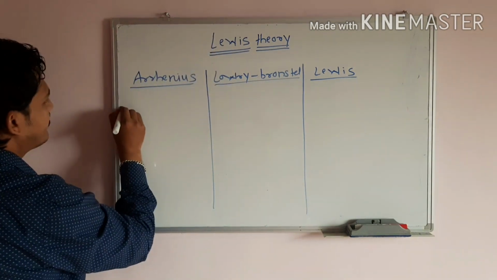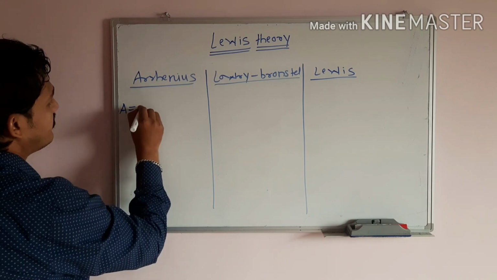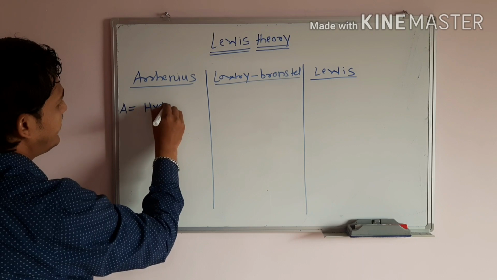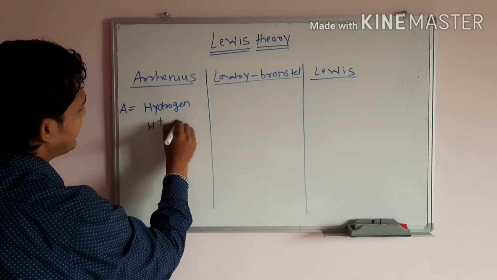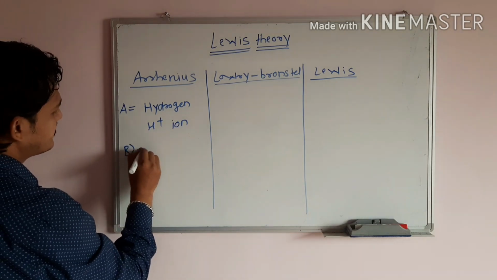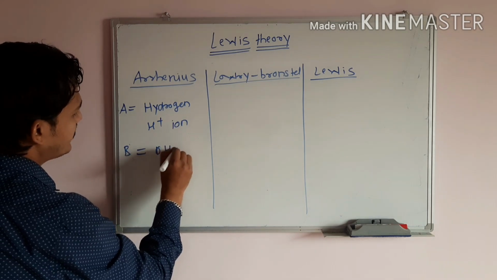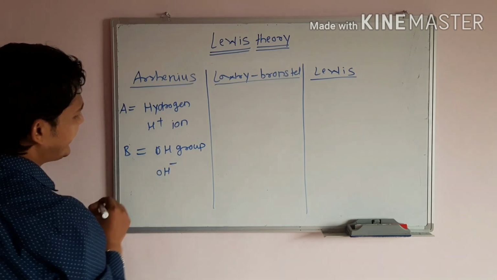According to Arrhenius, an acid is a substance which contains hydrogen and gives H plus ion, and a base is a substance which contains the hydroxy group, OH, and gives OH minus ion in aqueous solution.